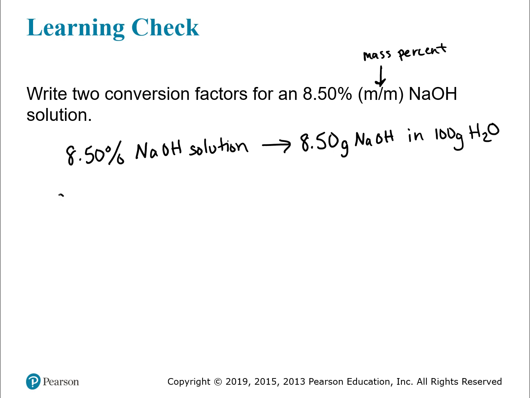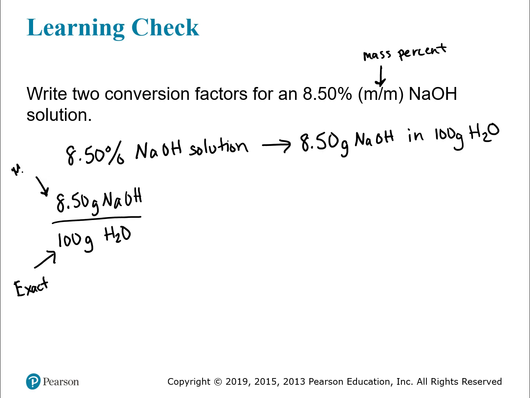When you write that out, you can write it as a fraction. And that 100 grams is exact. The top number is measured. It's also a conversion factor, so we can write the reciprocal.